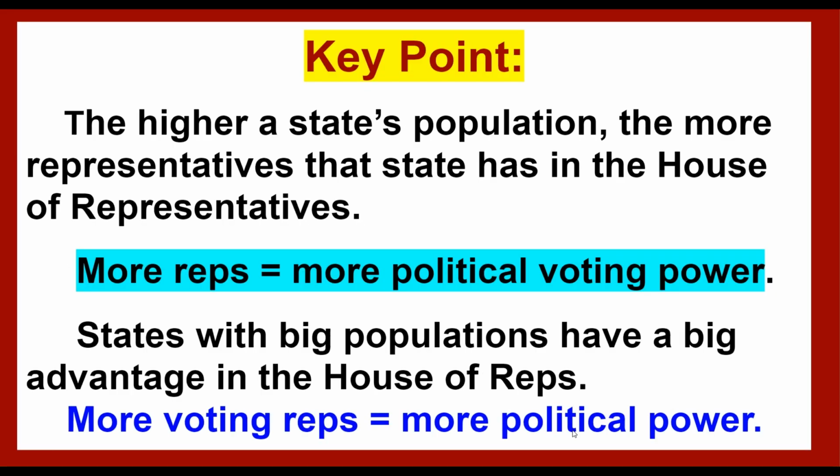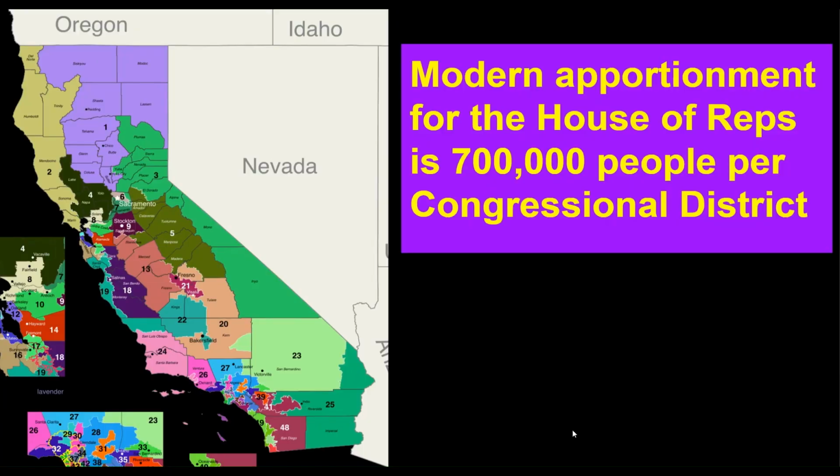Key point: the higher a state's population, the more representatives that each state has in the House of Reps. The more representatives is equal to more political voting power in our national Congress in the House of Reps. States with big populations have a big advantage in the House of Reps. More voting reps equals more political power.